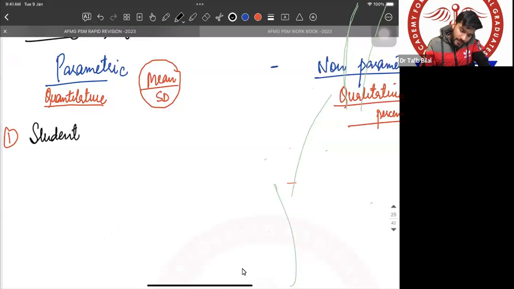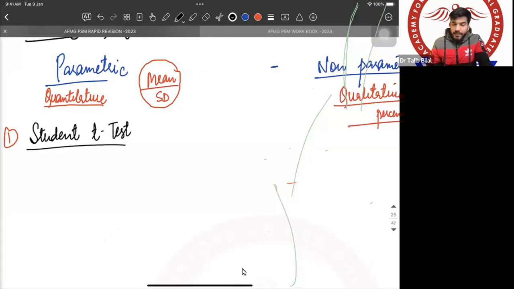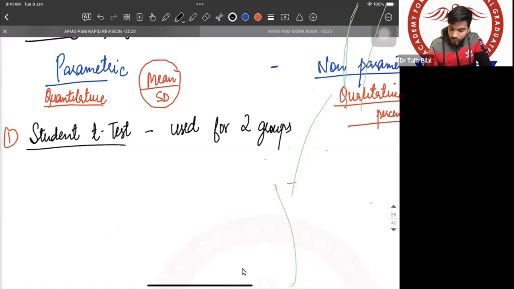What is the first test, guys? Student t-test. Okay, the student t-test is used for two groups. Student t-test is used for how many groups, guys? It's used for two groups.